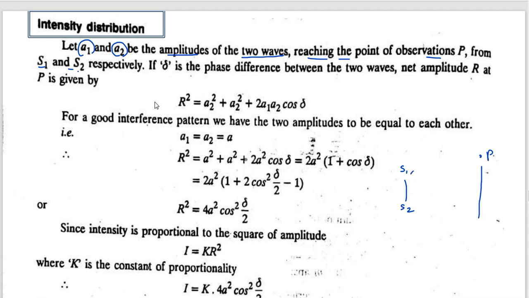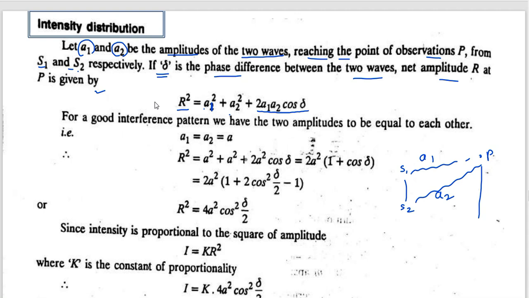If the two waves are reaching point P, the amplitude of the first wave is A1 and the amplitude of the second wave is A2. Okay, if delta is the phase difference between the two waves, then the net amplitude R at P is given by R square equal to A1 square plus A2 square plus 2 A1 A2 cos delta.